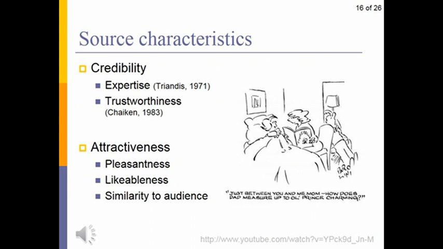Starting off with the source, what are the things about the source of a persuasive message that make it more or less effective, more or less persuasive? Well, before I answer that, I'd like you to look at the YouTube video whose link you'll see on the slide there. Just type that address into your browser and see if you can find it.